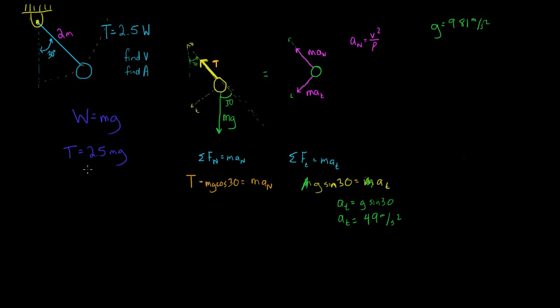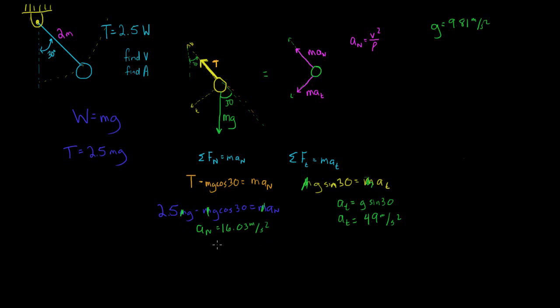If we substitute this in for T, we have 2.5 mass times gravity minus mg times the cosine of 30 is equal to a mass times an acceleration in the normal direction. Again, there's a mass here, a mass here, and a mass here that all cancel out, and we're just left with an expression that we can evaluate. So we get our normal acceleration is equal to 16.03 meters per second squared.